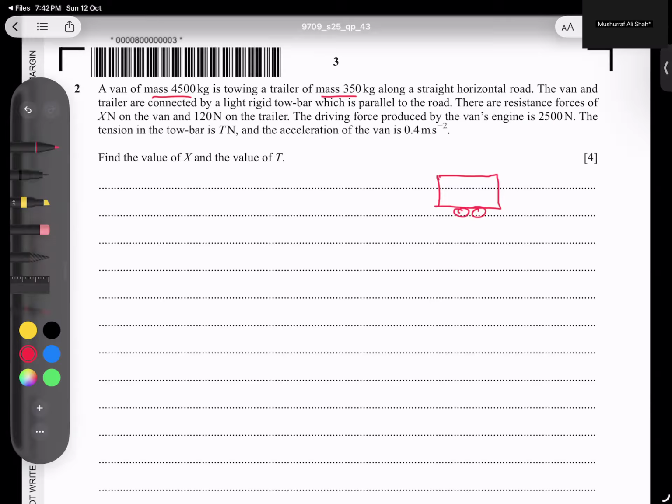I am writing it as applied force, 2,500 newtons. And this mass, the van mass, is bigger, so 4,500, and this is 350.